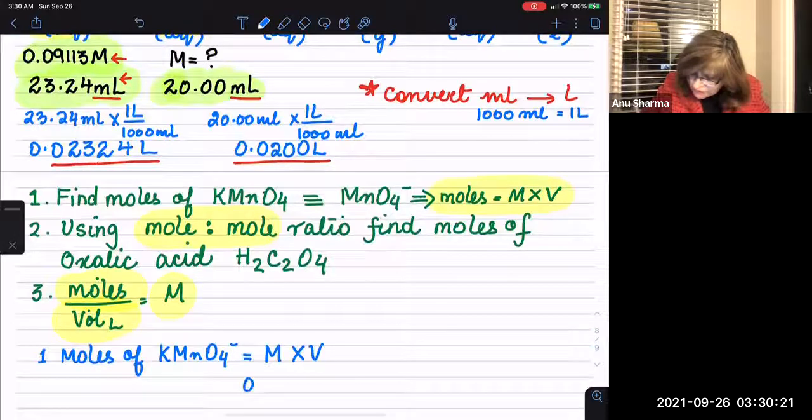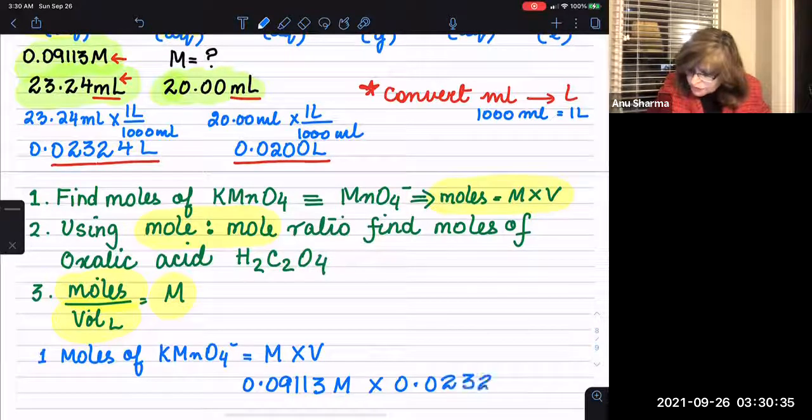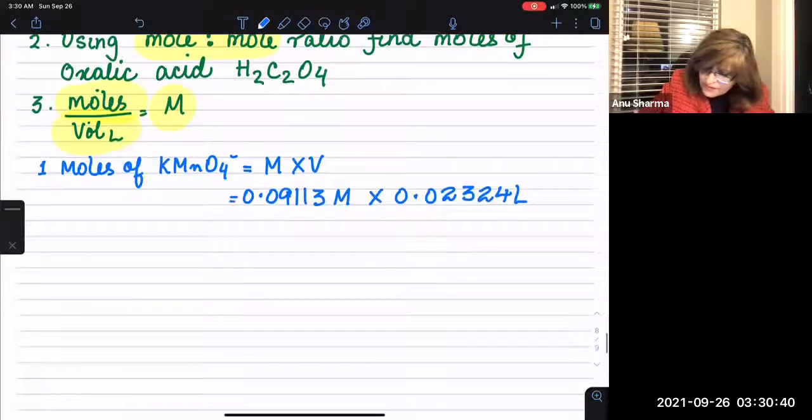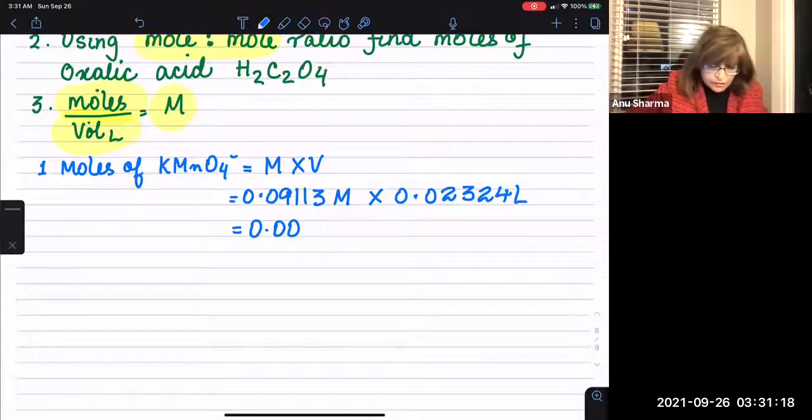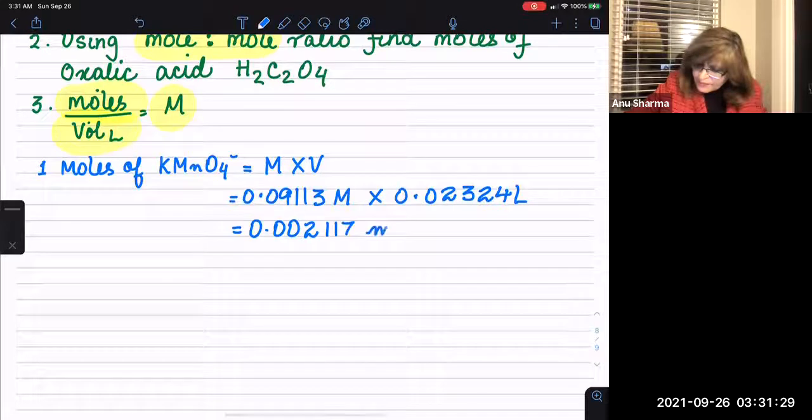Molarity is 0.09113 molar times the volume, which is 0.02324 liters. Okay, so let's get these calculated. Give me a minute. Okay, so it comes out to be 0.00211 moles. Okay, so that is the moles of KMnO4.